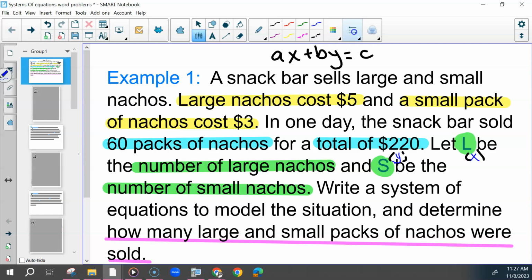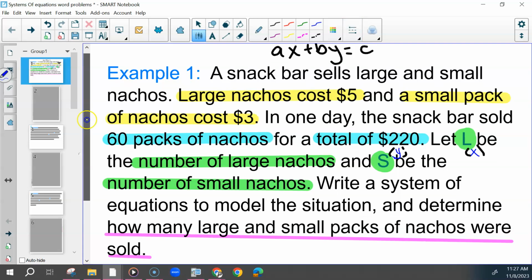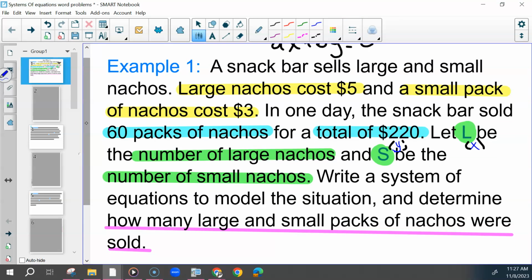It doesn't matter which one you make L, which one you make X, which one you make Y, as long as you're consistent. Just as we did before, whatever X, or in this case L is, A has to be connected to it. Same thing with B and Y. So we have a variable talking about number of, we have something else that talks about large nachos.